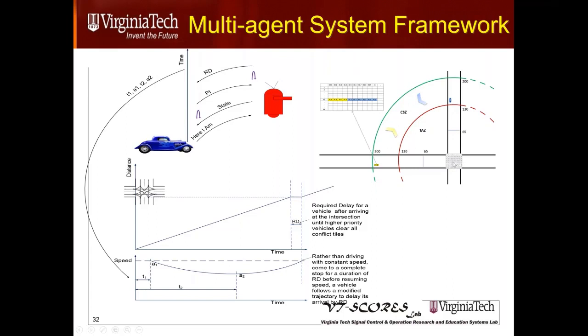But now the central agent is going to tell this vehicle that your priority has been revoked, your reservation has been revoked, and now you need to make another one. So it will make another reservation, and this time will be delayed more, of course. And that process continues.